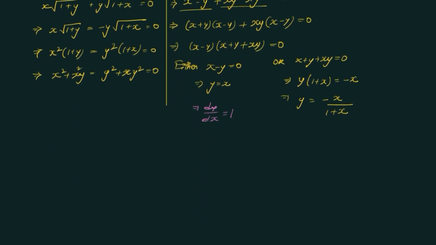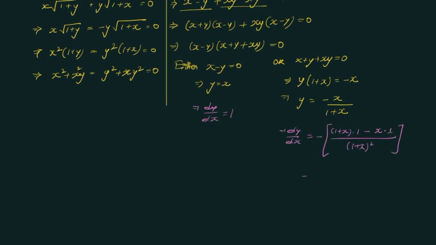So let us differentiate this second equation. So here it will be dy over dx equals to, let me write minus in front. So we will use quotient rule here. So first I will write denominator and differentiate the numerator, that will be 1, minus writing numerator, differentiating the denominator, I will get d/dx of 1 plus x is again 1 only, whole divided by 1 plus x whole square.